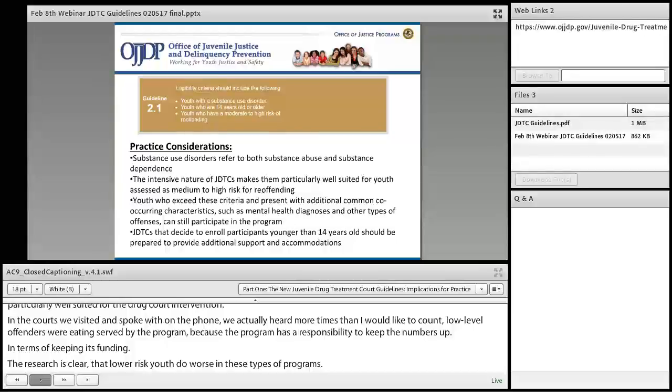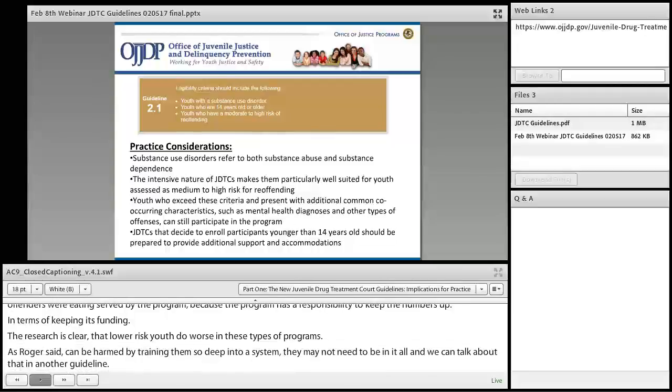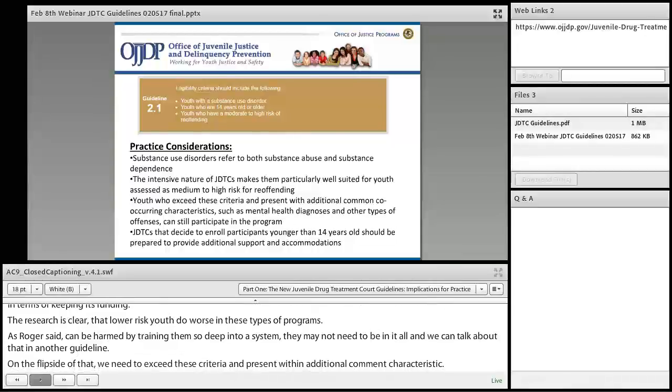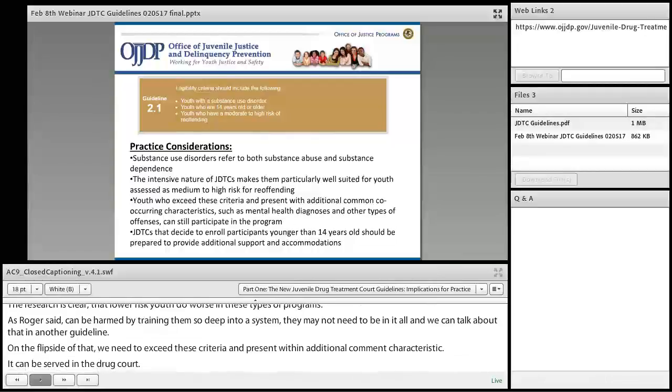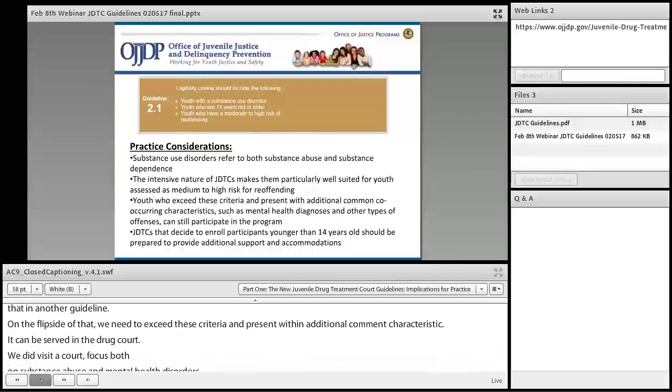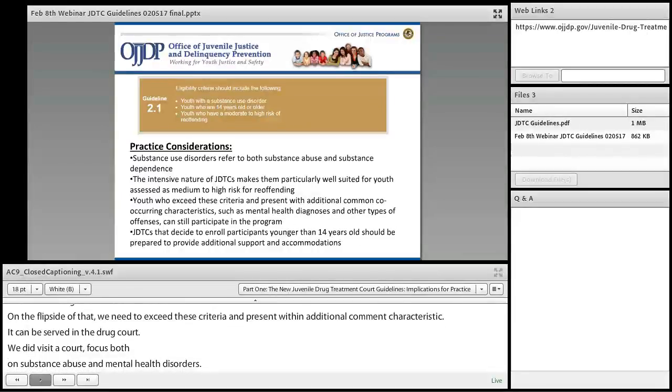On the flip side of that, youth who exceed these criteria and present with additional common co-occurring characteristics can be served in the drug court. We did visit a co-occurring court that focused both on substance abuse and mental health disorders, and their partnership with the mental health services in their community was exceptionally strong, and kids were doing well in that program.